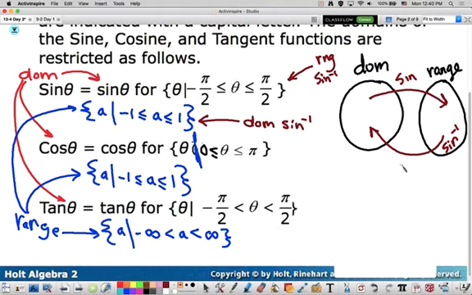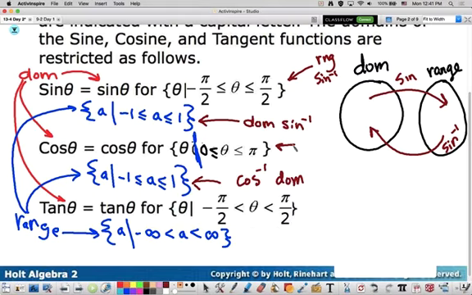Well then, can you fill in what the rest of it is for cosine inverse and tan inverse? Cosine inverse, what's the domain for cosine inverse? Right, the range for cosine. This is the domain for cosine inverse. What's the range?